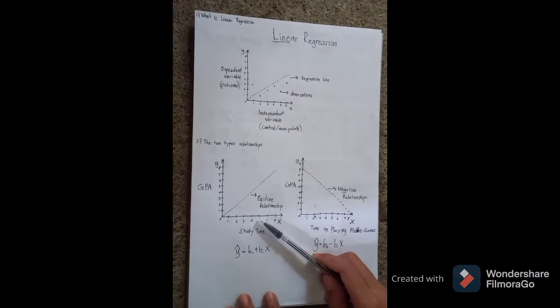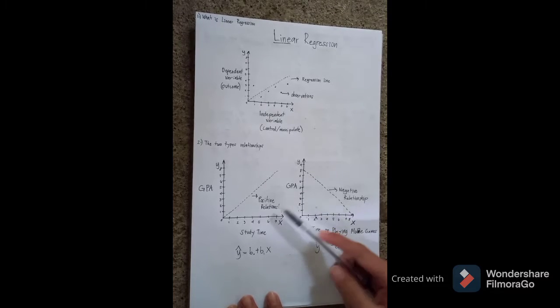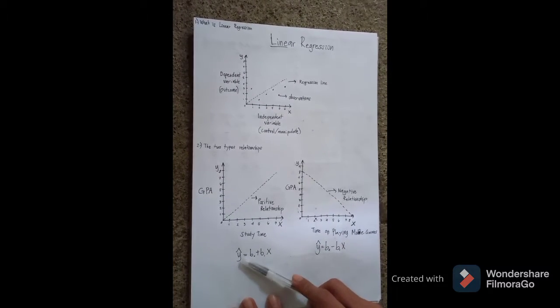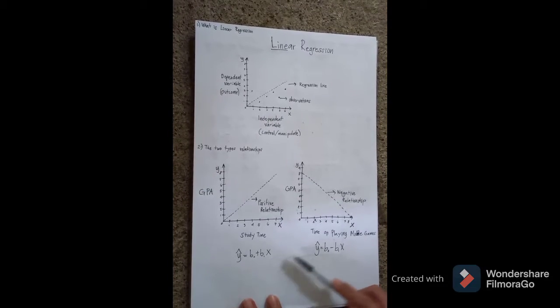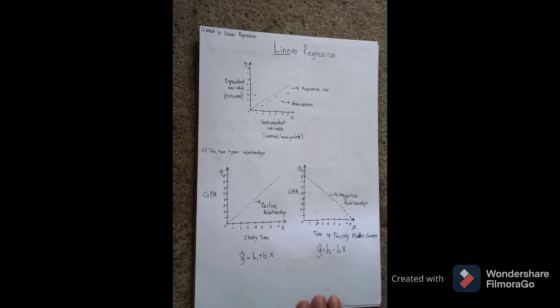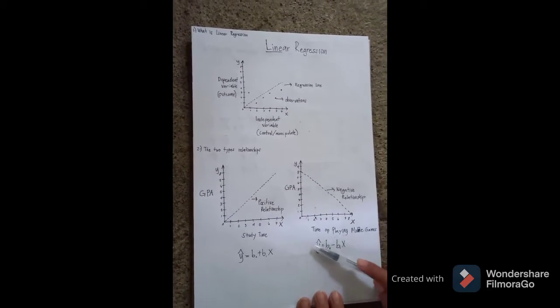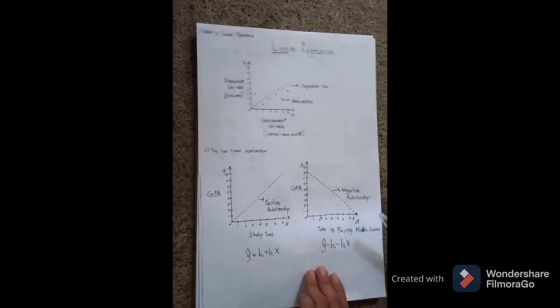The formula used in solving the positive relationship is the estimated value of y equals b0 plus b1x. While for the negative relationship, the formula used is the estimated value of y equals b0 minus b1x.